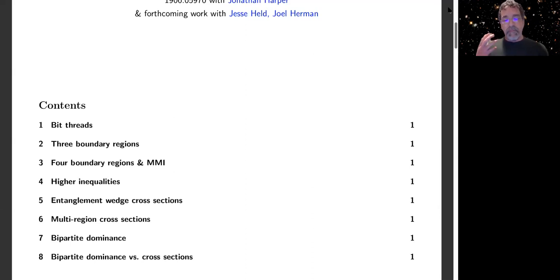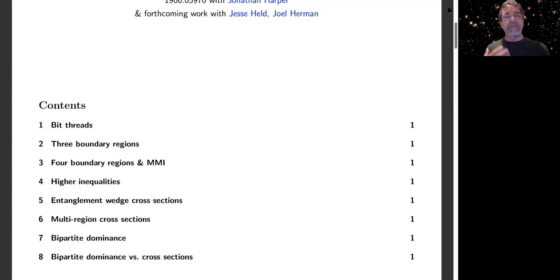It seems to suggest the idea that, because the threads, as I'll review, connect pairs of boundary points, somehow bipartite entanglement is privileged. And I want to know to what extent that's actually true, or required by bit threads.